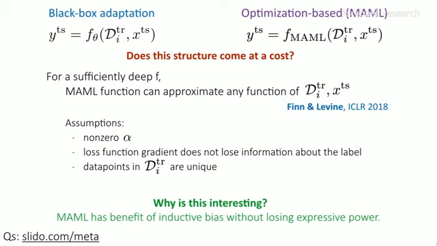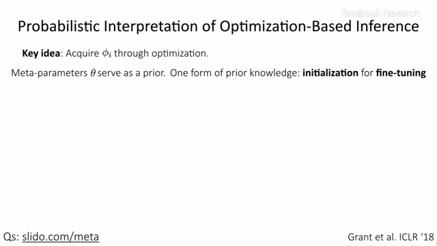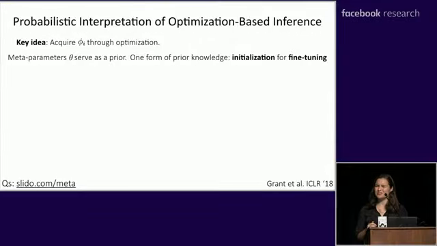Okay, great. Let's go back to some of the motivation that we talked about with optimization-based approaches, where the meta parameters serve as a prior. We talked about how one form of prior knowledge is initialization for fine-tuning. Can we make this a bit more formal and better characterize what sort of prior MAML is imposing on the learning process?